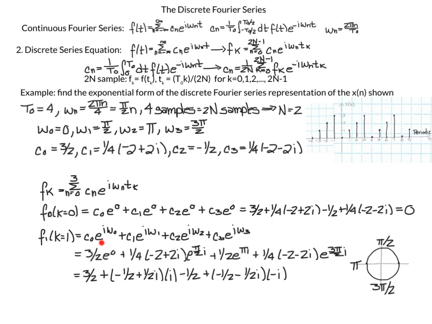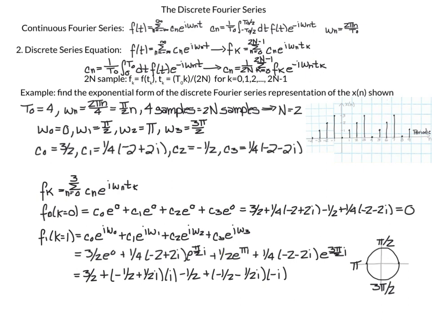To help me evaluate these exponents, I drew my unit circle. I use this all the time. People are probably wondering why I'm always drawing circles, because certainly by now I know what a circle looks like. But anyway, here's pi over 2 radians, 3 pi over 2. So e to the 0, that's just 1, so I have my 3/2. I went ahead and multiplied the 1/4 in, so minus 1/2 plus 1/2 i, and then e to the pi over 2 puts me at i, so this is i.